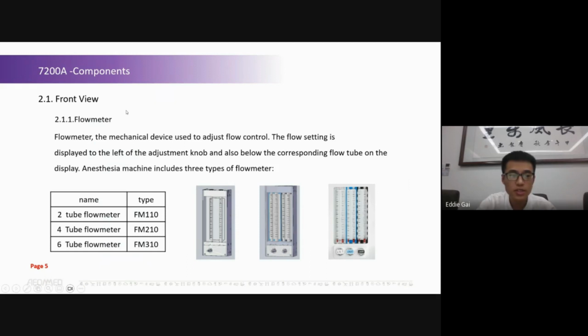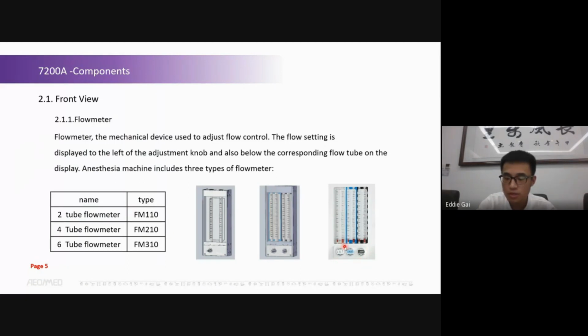Let's see the details of our flow meter. Our flow meter is a 2-tube type. For the 7200A, we have 2 configurations: the basic configuration and the full configuration. In the basic configuration, we supply 2 gases, oxygen and nitrous oxide. For the full configuration, we supply 3 gases: oxygen, nitrous oxide, and air.